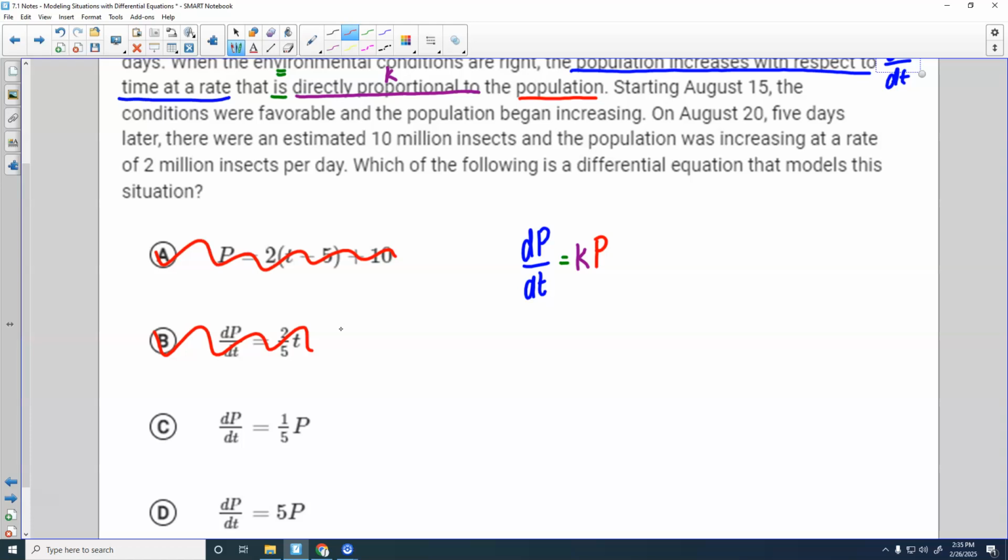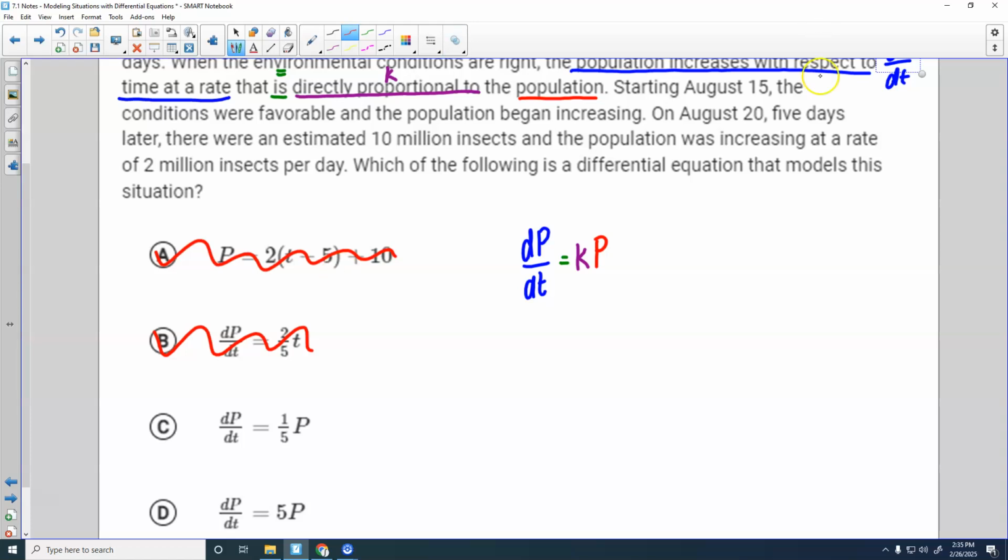In this case, because it is a differential equation and not an exponential equation, 1/5 could still be an increase for that. So you're really actually going to see negative K's whenever you have something that's decreasing for differential equations. So it still could possibly be C for that.